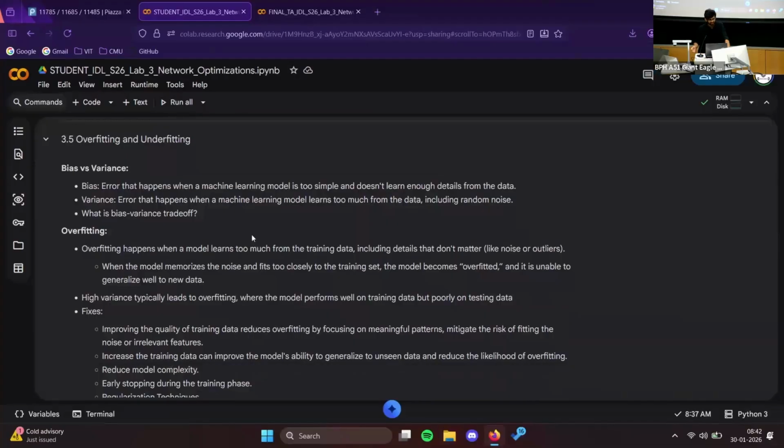So bias is nothing but the error of the model. Since it's an error, we want the model to have less bias. And variance is how much the model is sensitive to the training data. If the model has high variance, it means that it's very sensitive to the training data, and it has learned a lot from the random noise in the training data as well, which we don't want.